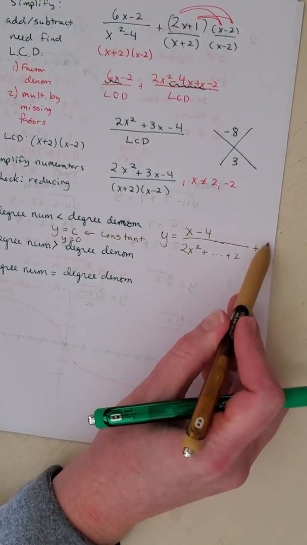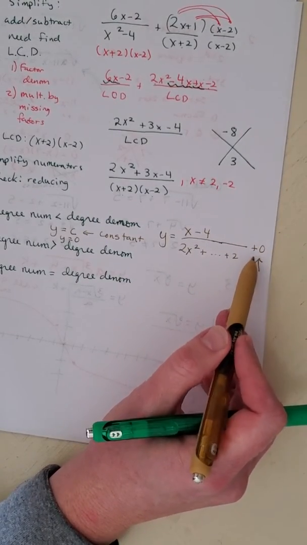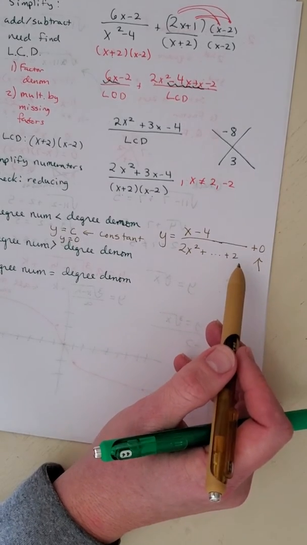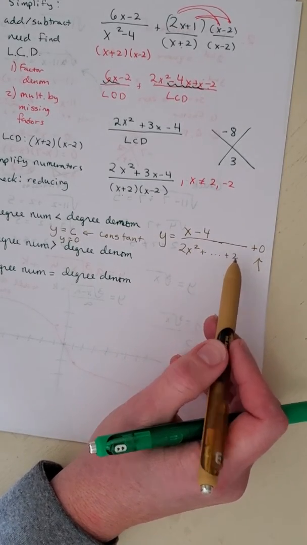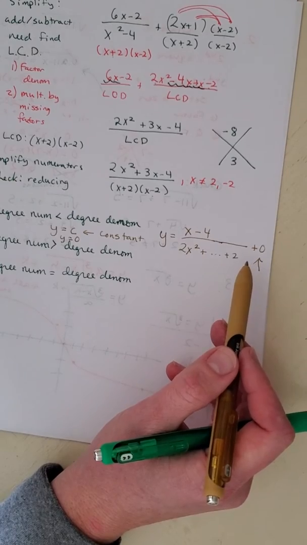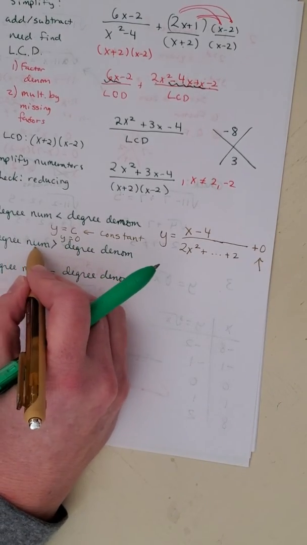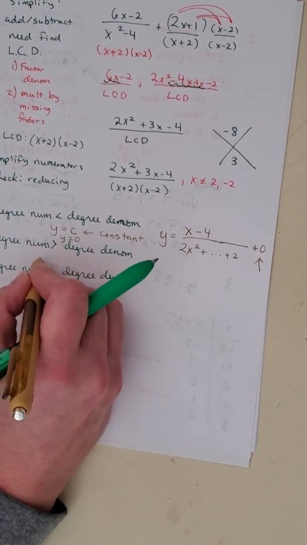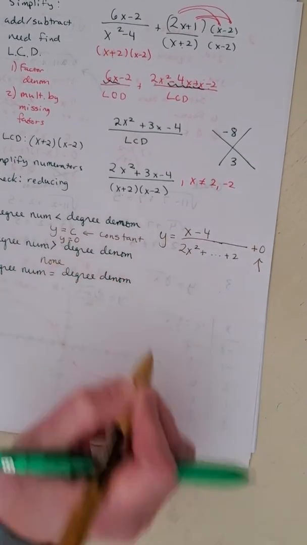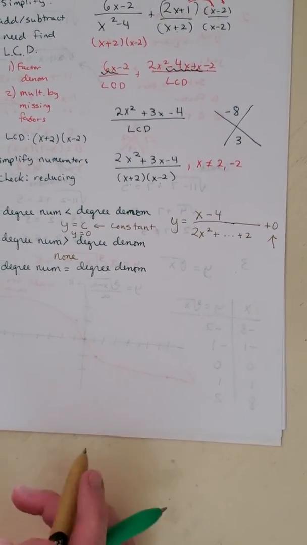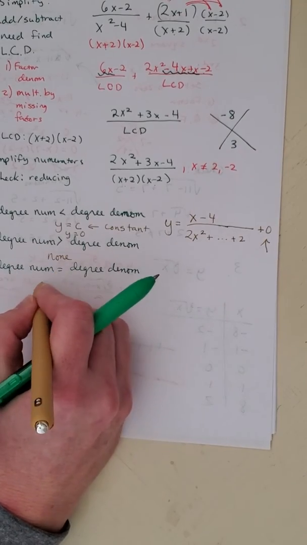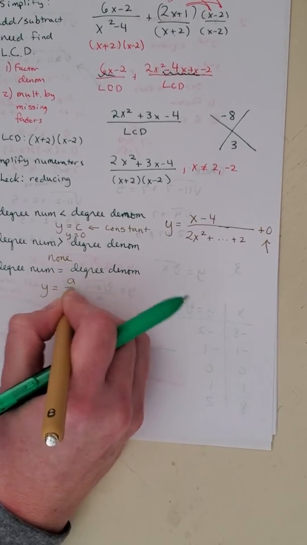On IXL, sometimes we saw a constant term here, but in the book, we rarely see that. I think it was like on one exercise. Okay, if it's this case, the numerator's got a larger degree, then there's no horizontal asymptote. And then finally, if it's our case, then it's the line y equals a over b.